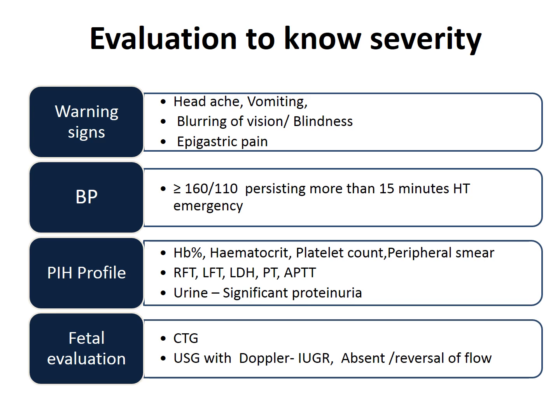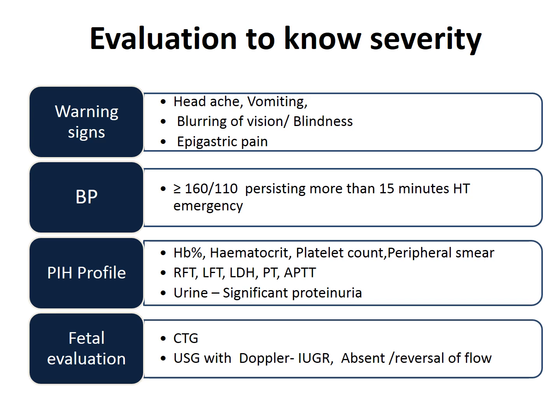You have to send the investigations to know any organ dysfunction: hemoglobin, hematocrit, platelet count, peripheral smear, renal function test, liver function test, evidence for hemolysis like LDH, prothrombin time, partial thromboplastin time, and urine should also be looked for any proteinuria.